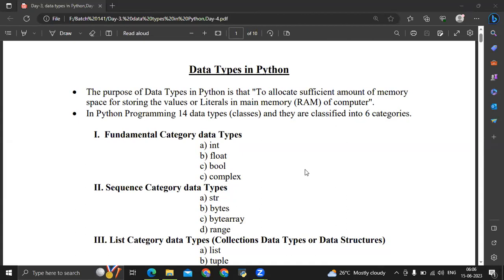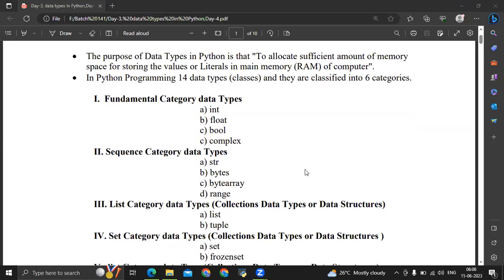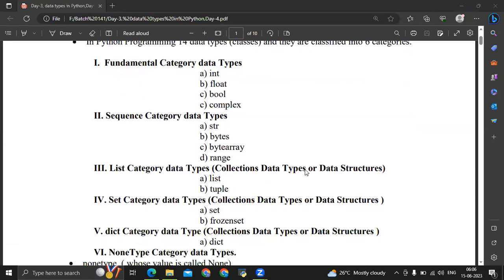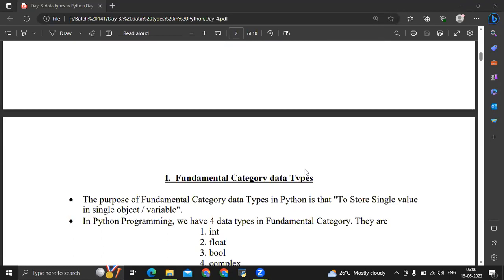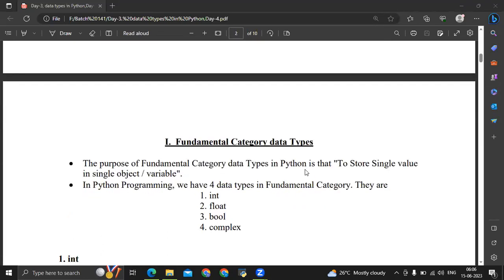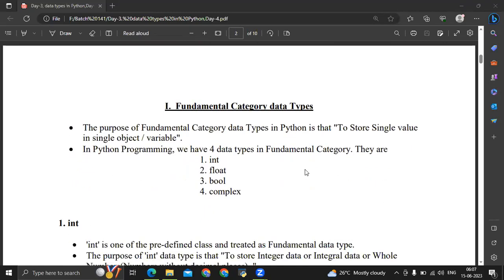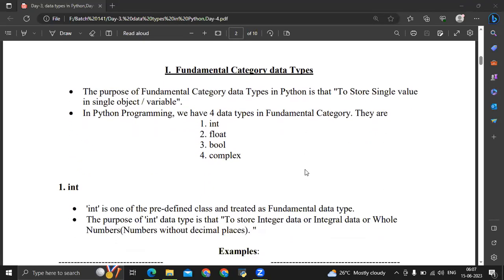Student, fundamental category data type, what does it do? It stores a single value in a single object or variable. Now, in Python programming, we have 4 data types in the fundamental category: int, float, bool, and complex.